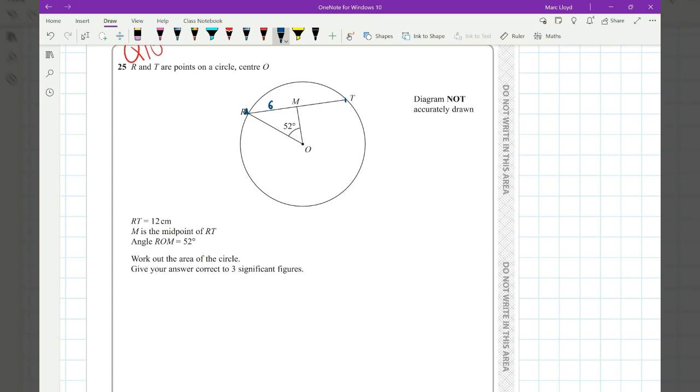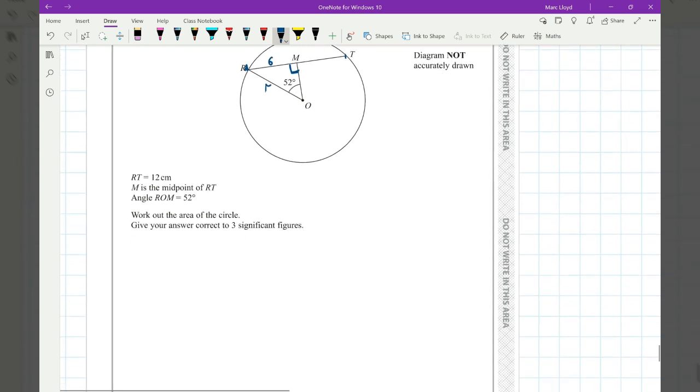Now what they don't tell you is because M is a midpoint, that is a right angle. Okay. Angle ROM is 52. Work out the area of the circle, meaning we need to know the radius. The radius is this length here. I'm going to call that R. And I'm going to redraw the triangle below now. So we've got the right angle there. That is 6. We need R, and that is 52, which means we're going to be doing some trigonometry.